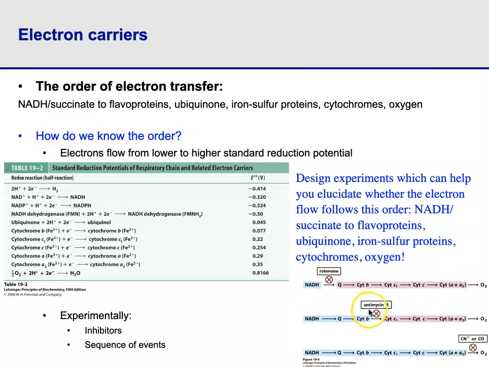Now, if you use antimycin A that blocks the transition between cytochrome B and C1, electrons will pass from NADH to Q and from Q to cytochrome B. So cytochrome B will be reduced, but they will not pass to C1, C, and to oxygen. So there will be a block right here.